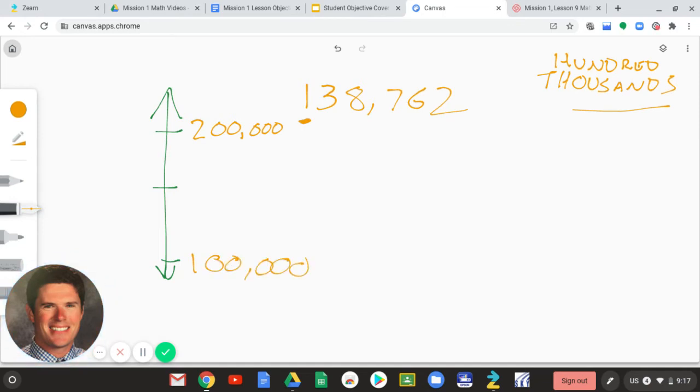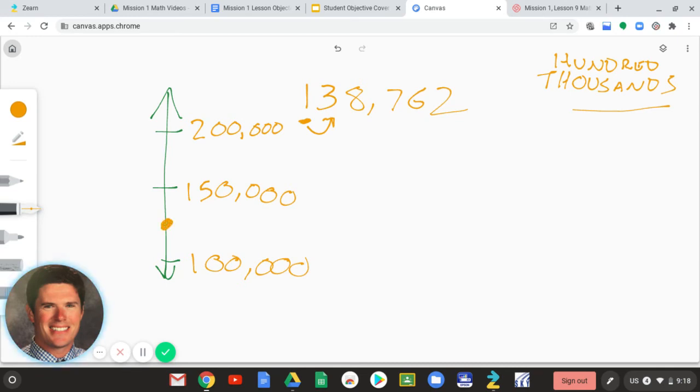And what's halfway in between there? 150,000. Now, I can look to the place value directly below it, the 10,000 spot, to determine if I round up or down. I see that's a 3. Is 3 greater than or less than 5? 3 is less than 5.